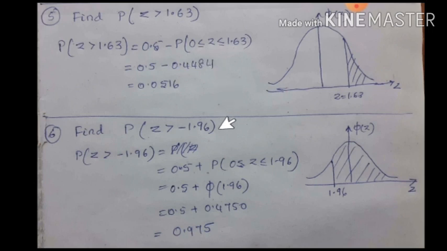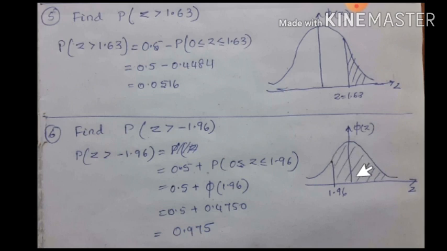Now the next problem. Find the probability of z greater than minus 1.96. Minus means you have to take the left side of the normal distribution graph, because it is a minus sign. Oh, here I missed writing minus. And greater than, so it comes to the right side. So I need to calculate the area under this.